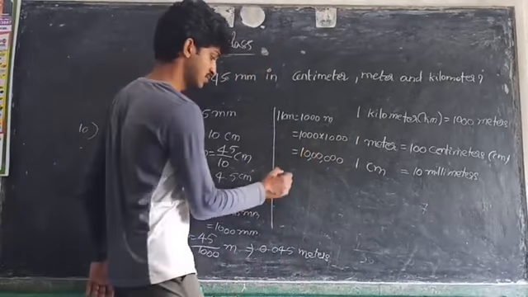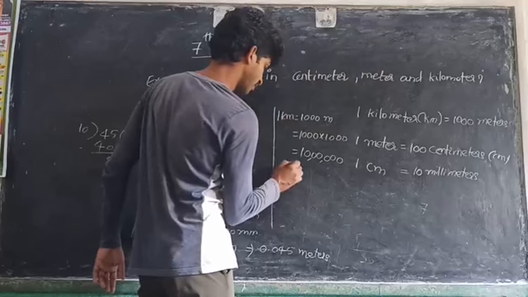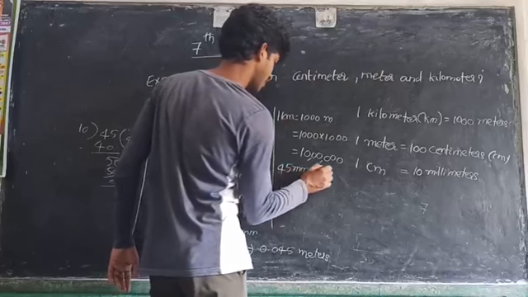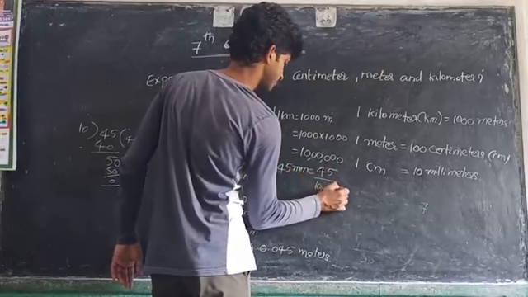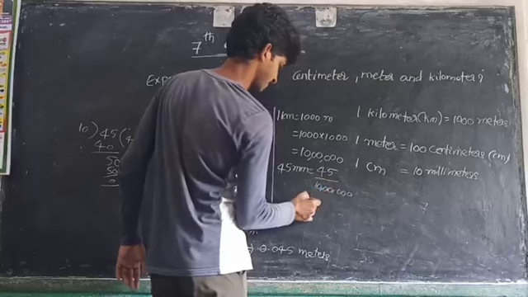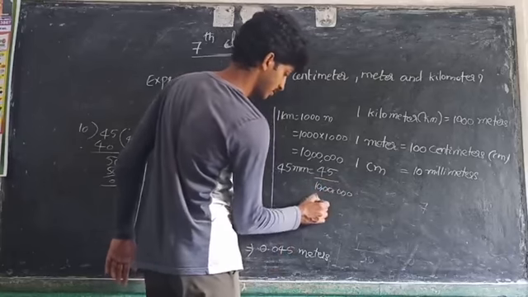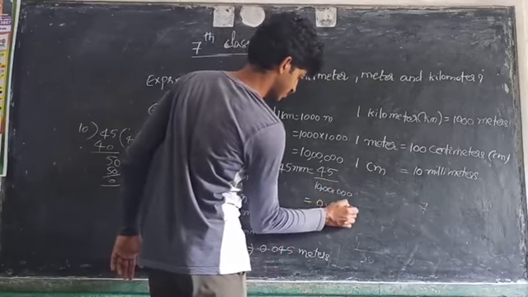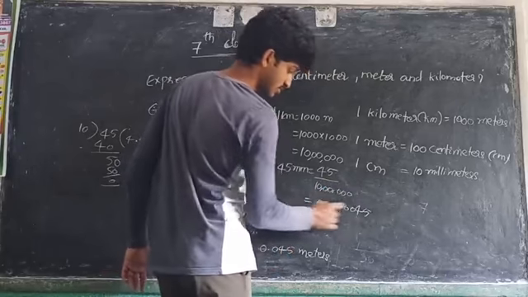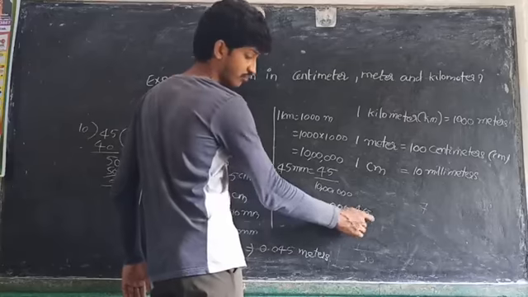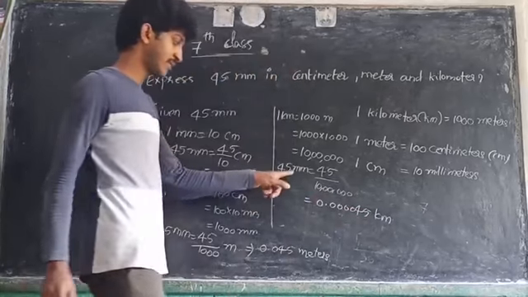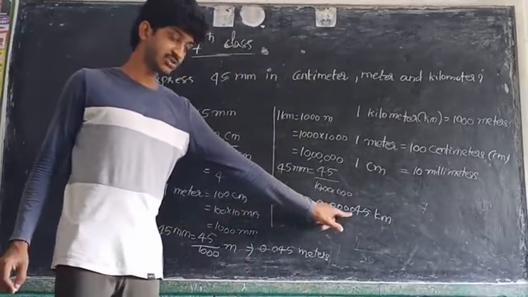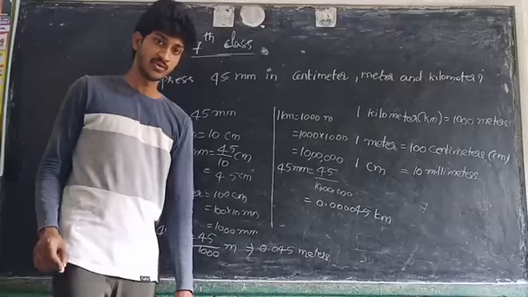So 45 millimeters is equal to 45 divided by 10 lakhs, that is equal to 0.000045 kilometers. Okay, children.